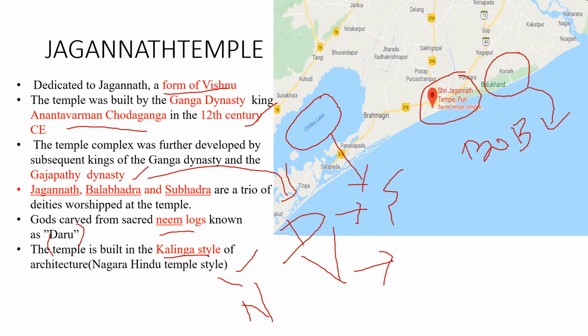This particular temple is in the style of Kalinga architecture, and you could see in the image of the Jagannath Temple a curved format of Shikara. The Dravidian style has a pyramidical format of Shikaras, whereas the Nagara style has a curvilinear format.